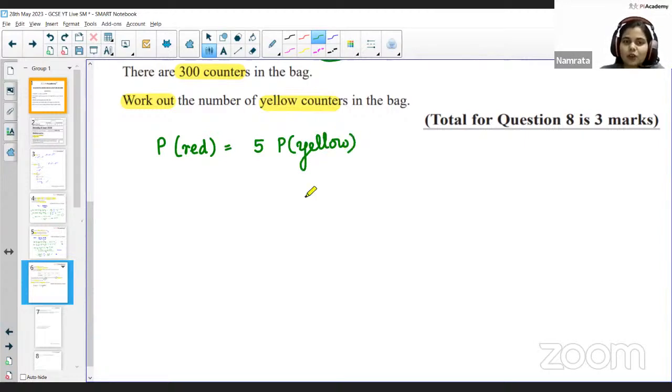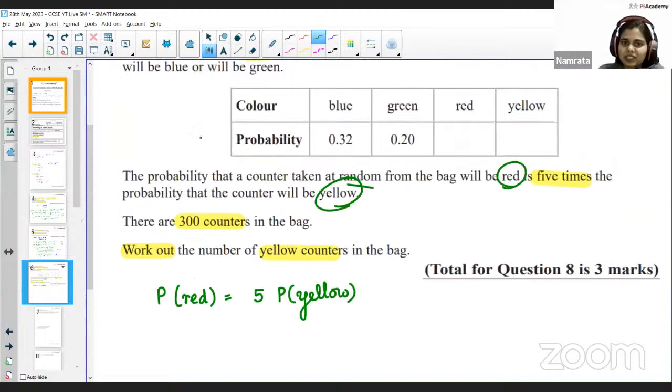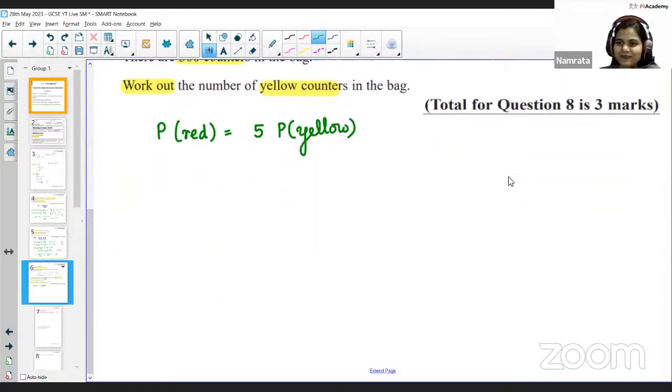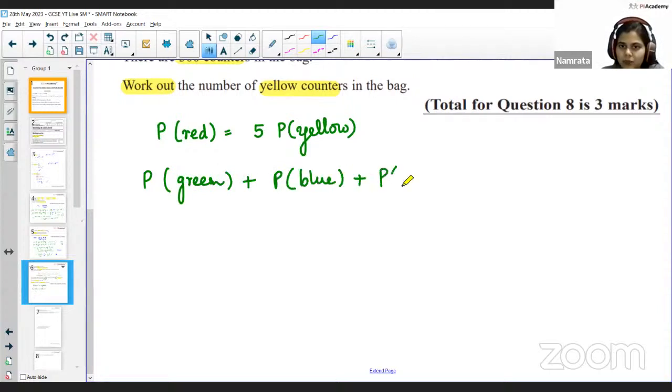Now we also have this part, and we always know that the sum of all probabilities will add up to 1. So I'll start with probability of green plus probability of blue plus probability of red plus probability of yellow equals 1.